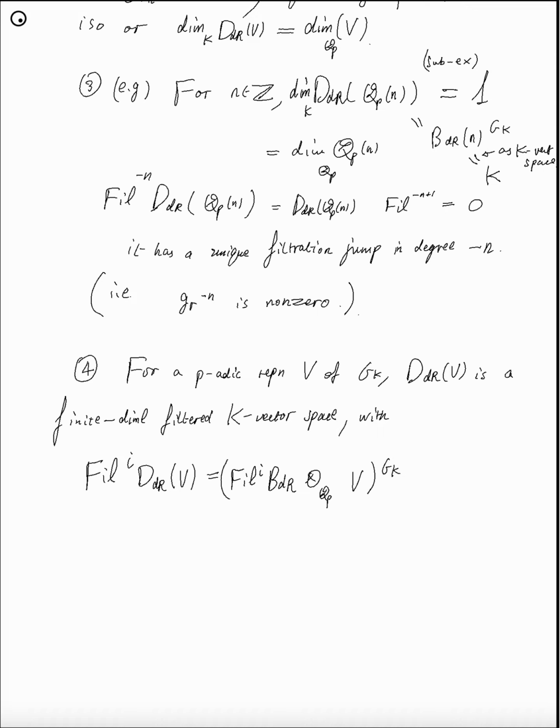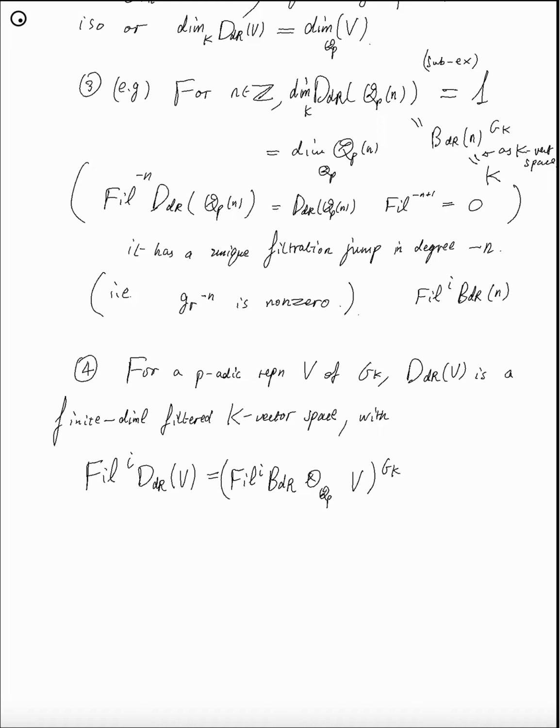How do we define the filtration? This really comes from the filtration Fil^i of the B_dR twist. That's by our definition of this.